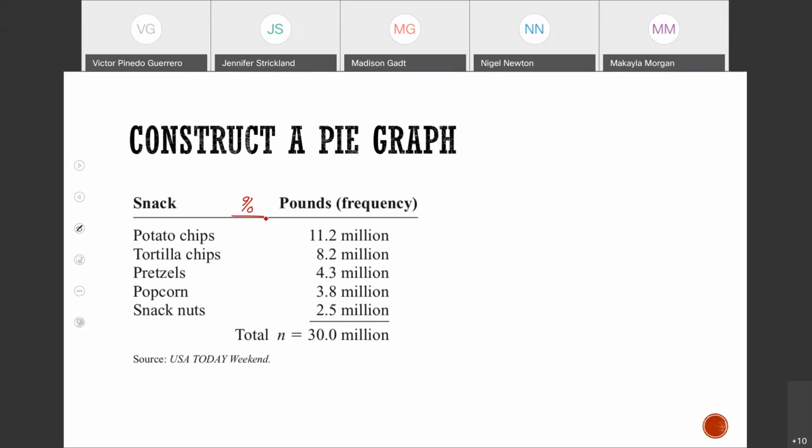Remember that we said that a percent was calculated by taking the part and dividing by the whole, and then multiplying by 100, okay? So if I'm gonna do a percent for potato chips, then I'm gonna take the part, which is 11.2, and I'm gonna divide that part by the whole, which is 30, and then I'm gonna multiply by 100.